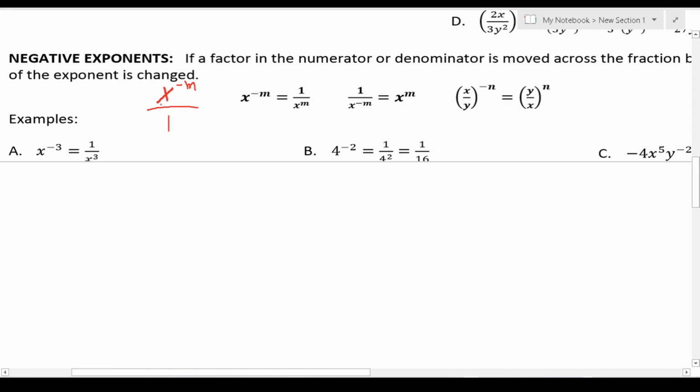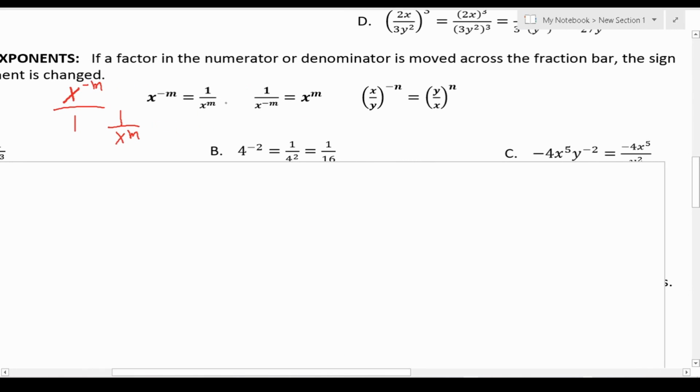So in this case, it's going to cross this fraction bar and it's just going to become positive. So that's all that says. Those two are the same. Similarly, if you want to go from the denominator with a negative, that's going to prompt you to put the variable x in the numerator with a positive m. So that's all there is to that.